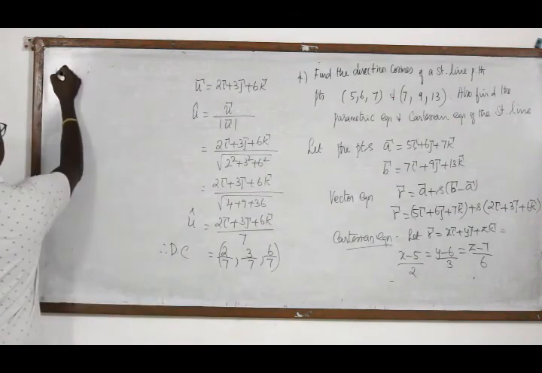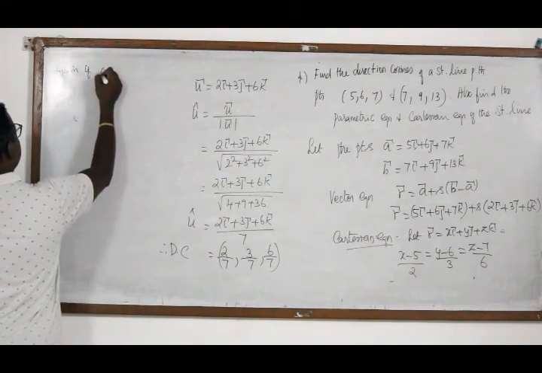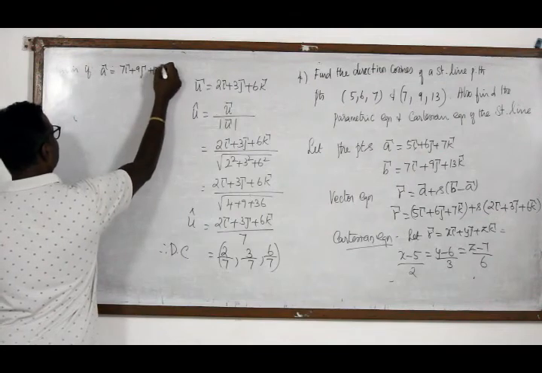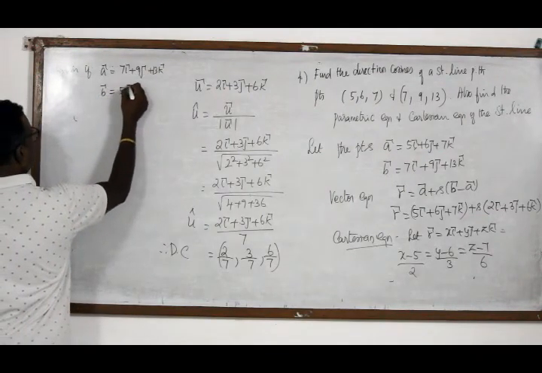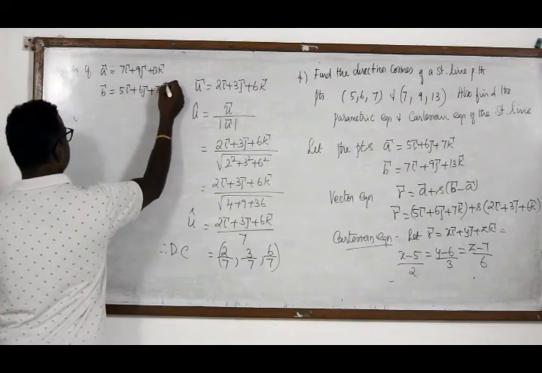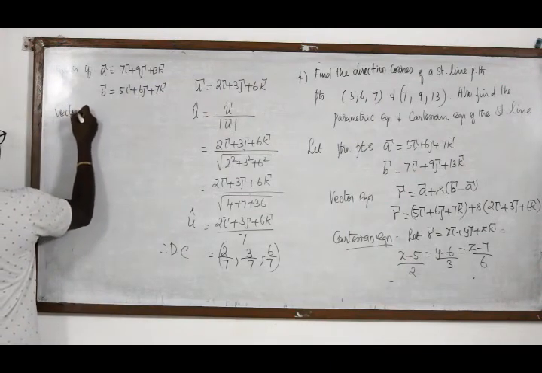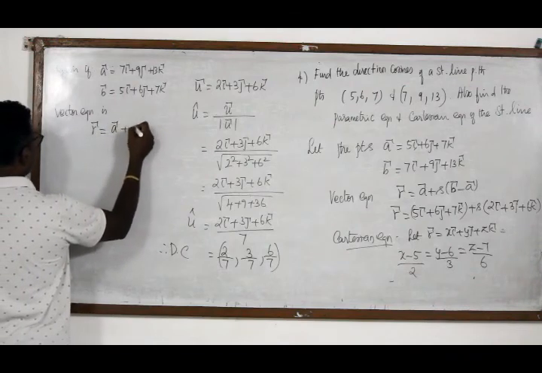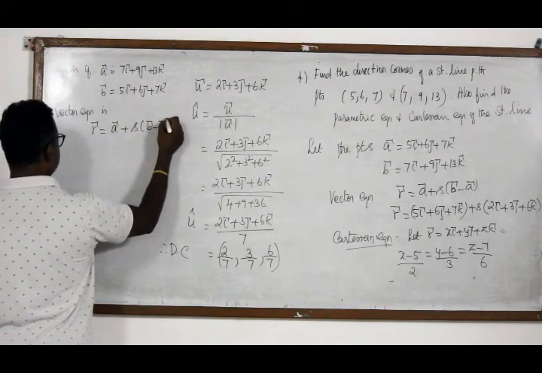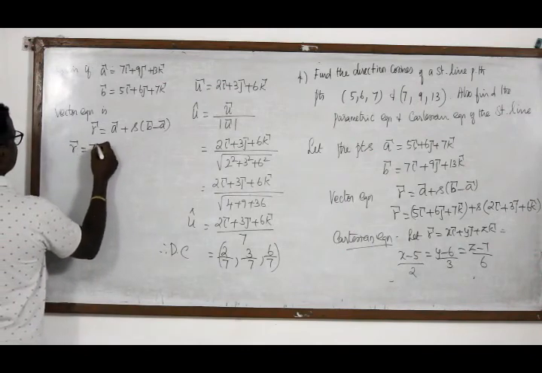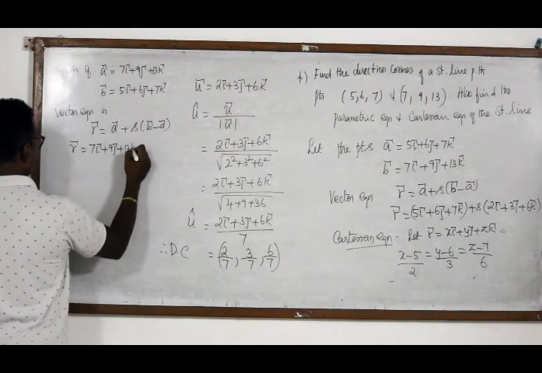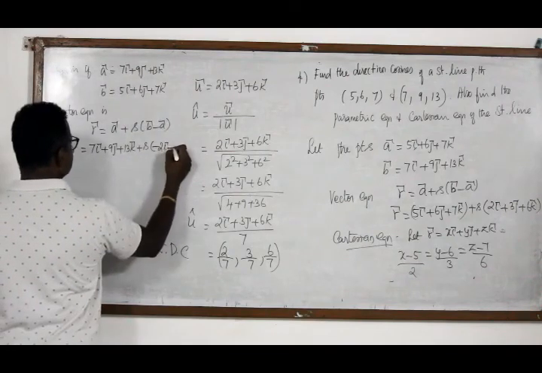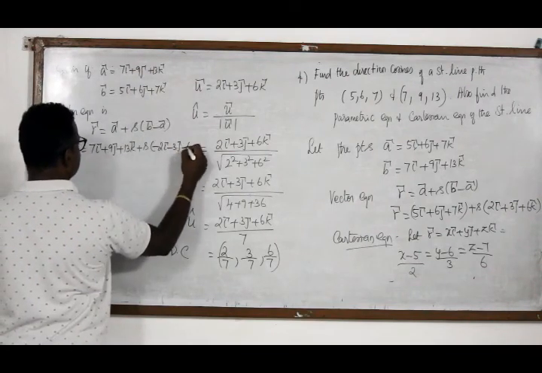Then again, if A vector equal to 7i plus 9j plus 13k and B vector as 5i plus 6j plus 7k, then vector equation is R vector equal to A vector plus S into B minus A. Then R vector equal to 7i plus 9j plus 13k plus S into (B minus A is minus 2i, 6 minus 9 is minus 3j, 7 minus 13 is minus 6k).